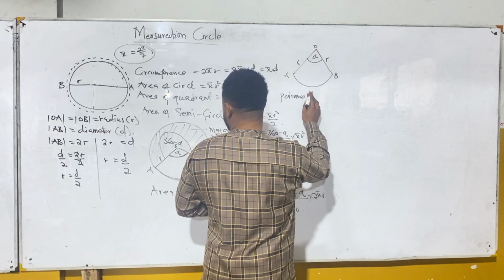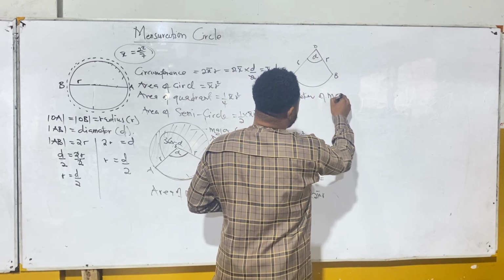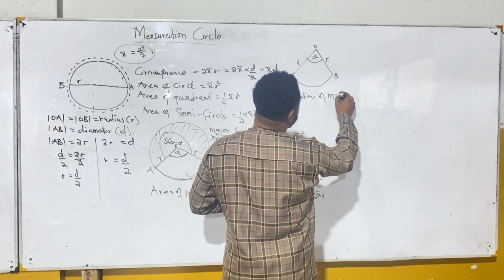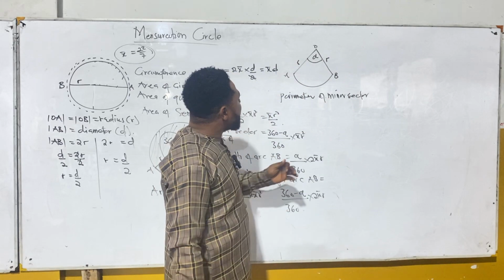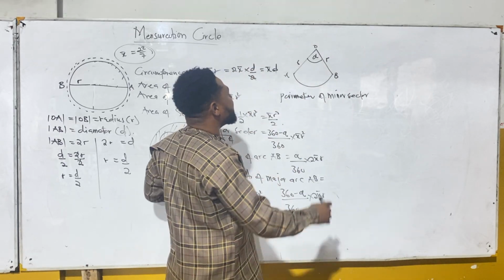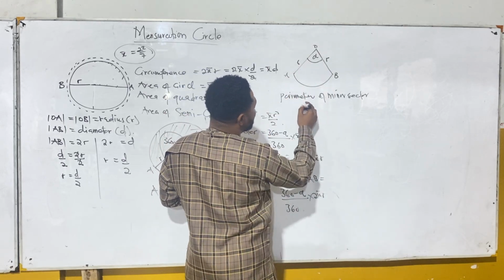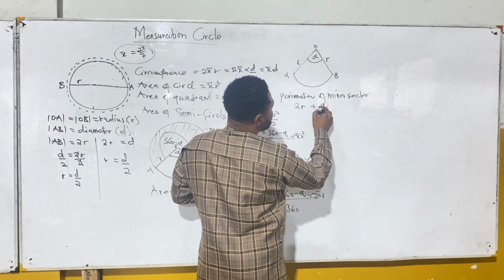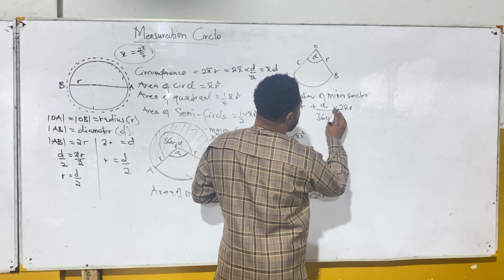We can be asked to find the perimeter of the minor sector, which is this sector. That means the distance around this minor sector. That will be 2 times r plus the length of the arc, which is alpha over 360 times 2 pi r.